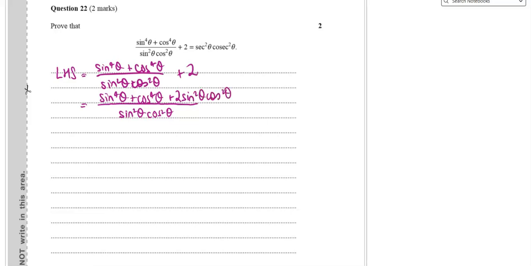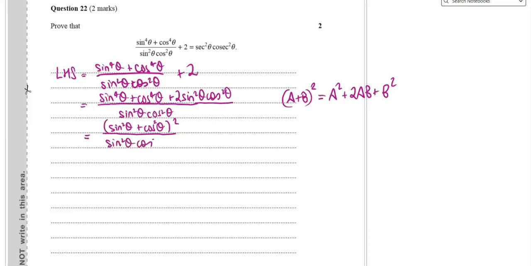I'm going to recognise the numerator as an all squared scenario because a plus b all squared is the first one squared plus double the product plus the last one squared. So I can rewrite the numerator as sine squared plus cos squared all squared over sine squared cos squared.